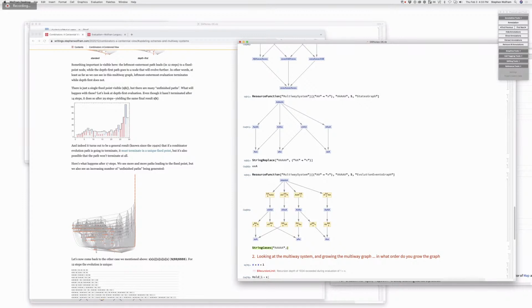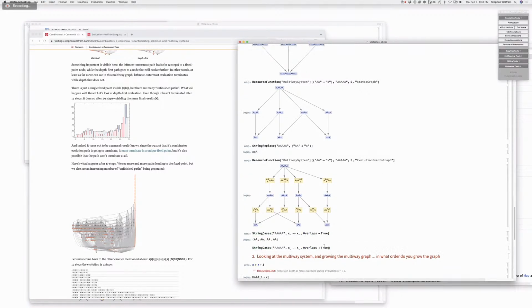So if I string cases AA, how do I do this? I say, let's say X blank, and then overlaps goes to true. Okay, whereas if I say overlaps goes to false, these are good documentation examples, if nothing else.